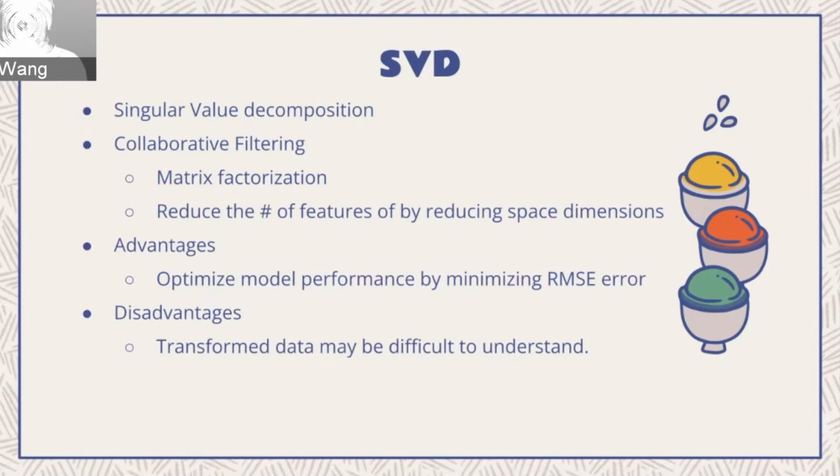The advantage is that by adding the regularization and bias term, it optimizes the model performance by minimizing the RMSE. Imagine an extreme case where a low rating is given by a user to a recipe with no other rating available from this user, then this algorithm will minimize the error. The disadvantage of this algorithm is that it transforms data into essential components, which may be difficult for users to understand.